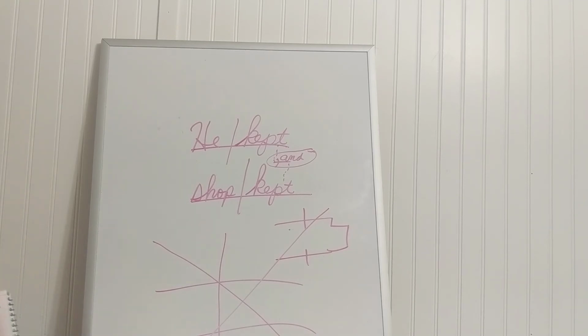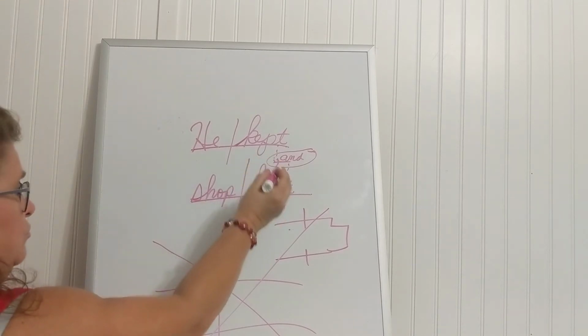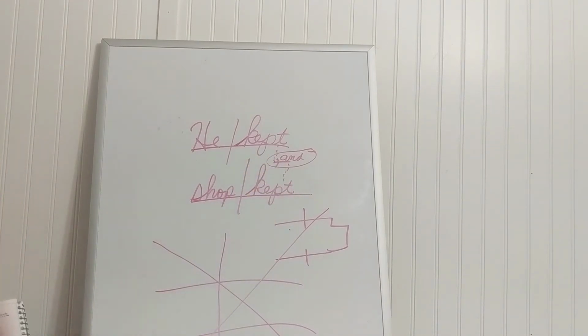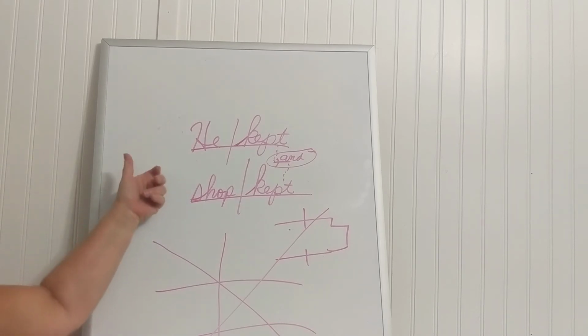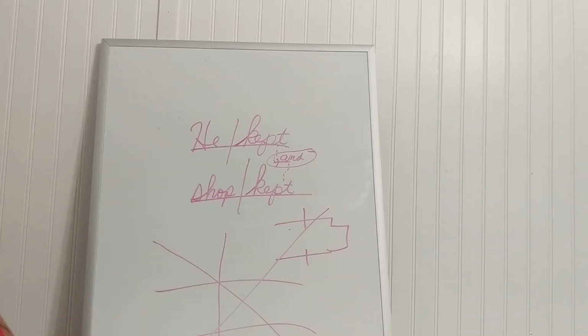Because I have taught you and showed you exactly the right way of doing your diagrams, not all this other stuff that I have never once put on the board except for now to show you that this is not going to be accepted. So your diagrams have to be done just the way that I showed you. I know that may have sounded kind of hard here early in the morning while I'm videoing, but do your diagrams the way you've been taught to do them, not the way you think they should be done or the way you want to do them, okay?